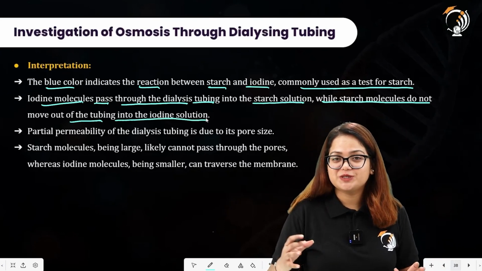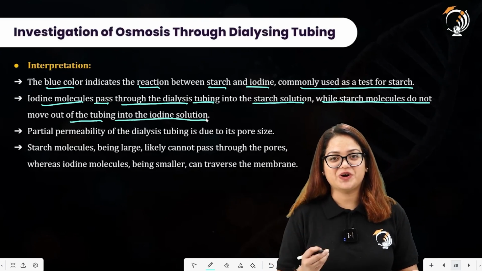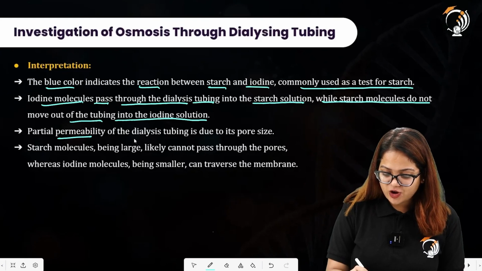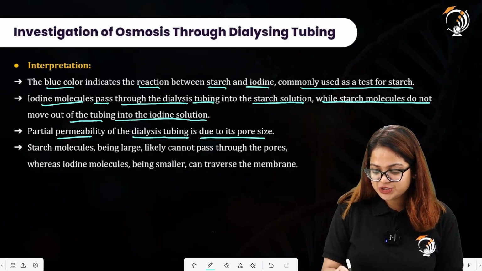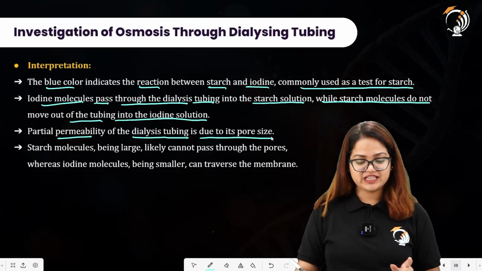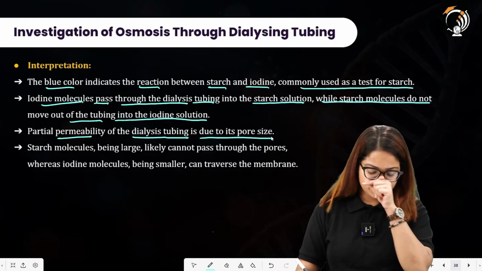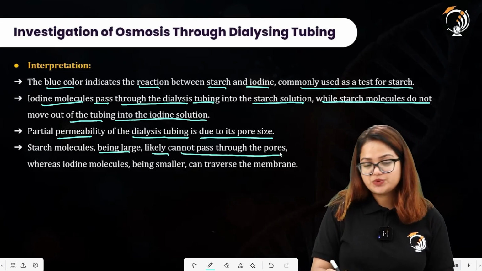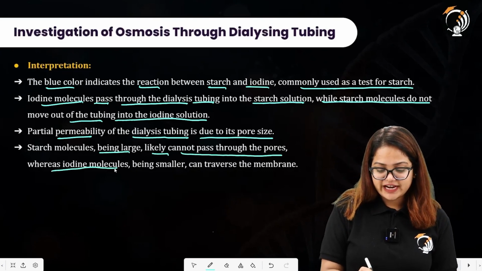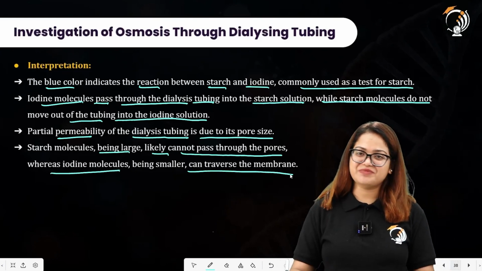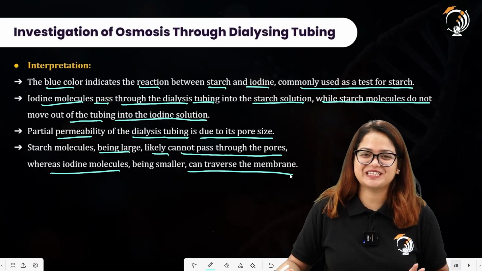The starch molecules, being heavy in nature, did not cross the dialysing tubing. Partial permeability of the dialysing tubing is due to its pore size. So the dialysing tubing was partially permeable. The starch molecules, being large, likely cannot pass through the pores, whereas iodine molecules, being smaller, can traverse the membrane. I hope this experiment is clear to you all.